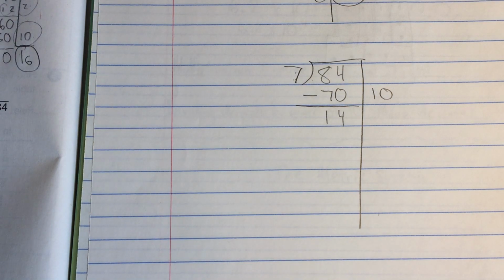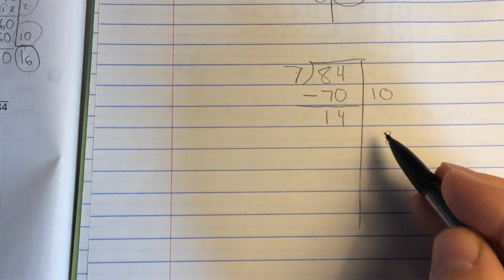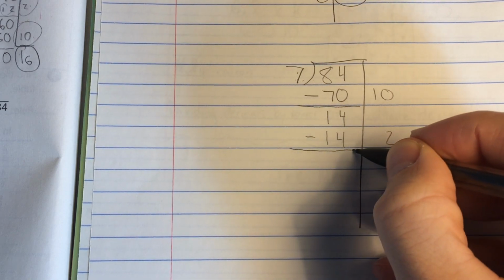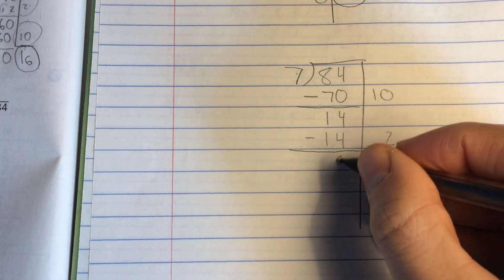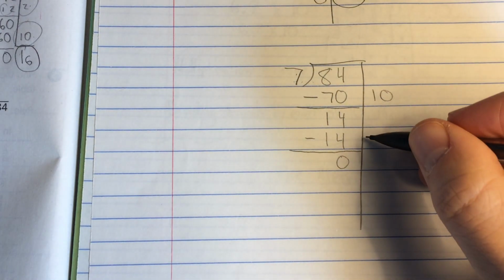Now tell me, what do you know about the relationship between 14 and 7? What can you multiply 7 by to equal 14? Yeah, 2. 7 times 2 equals 14. Look at this. This works out perfectly. What's 14 minus 14? 0. There's nothing left to do except to add up what's on the right side.